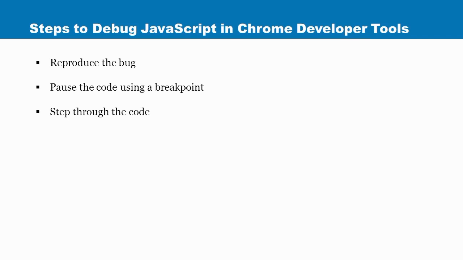The next step is to set another breakpoint. Next, we will check the variable values, make sure everything is okay. Finally, we'll apply a fix to the bug.